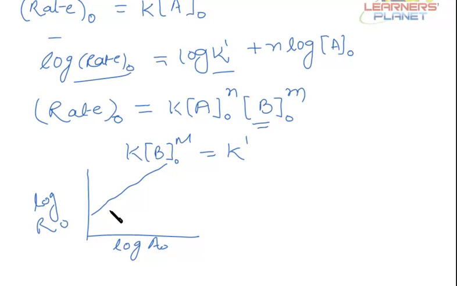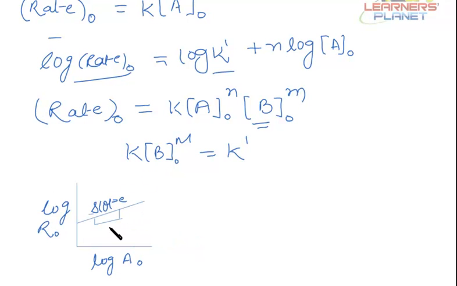I have drawn a wavy line, I'll just correct it. So I've plotted this graph between the log of the initial rate and log of the initial concentration of A. So I've got this plot, and the slope is there. Now what will be the value of the slope? Slope will give you the n.